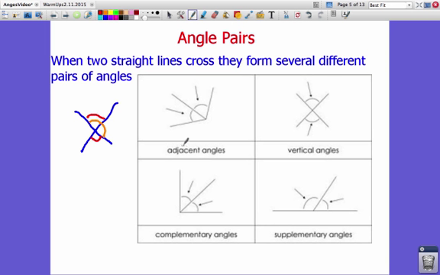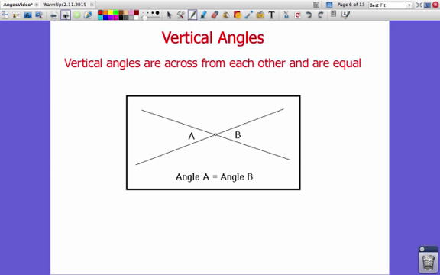We're going to go through some of the properties of these right now. So first we're going to talk about vertical angles. Vertical angles are across from each other and they are equal. So example here, A and B, this angle here equals this angle measure here.